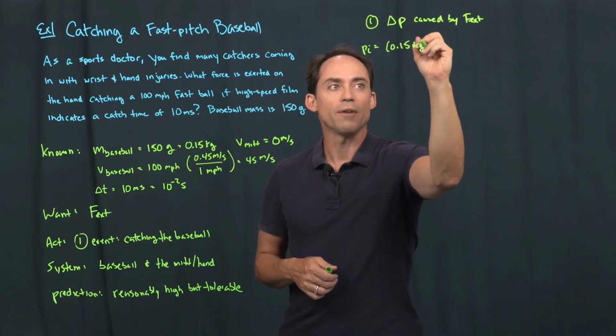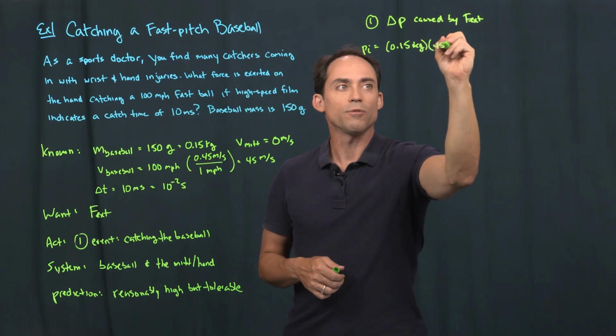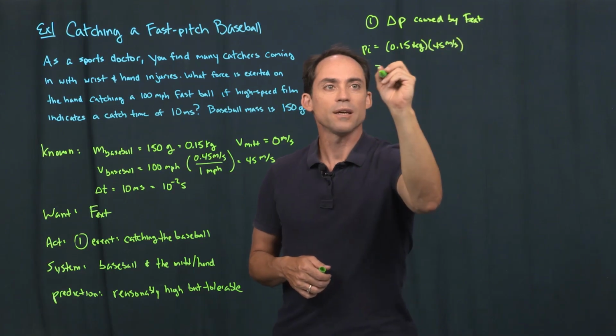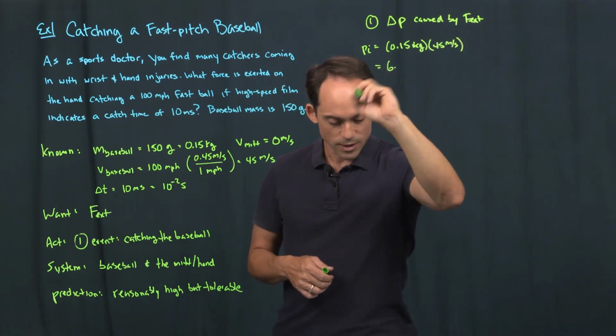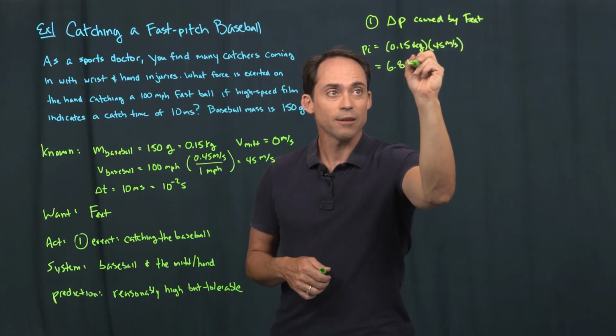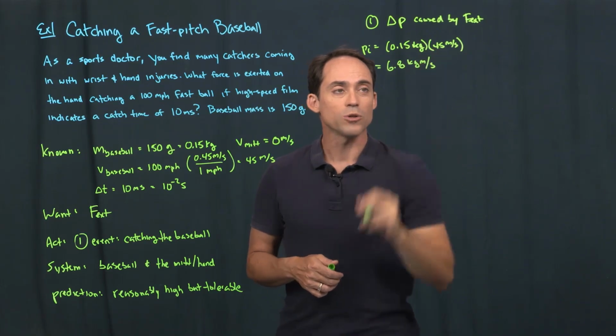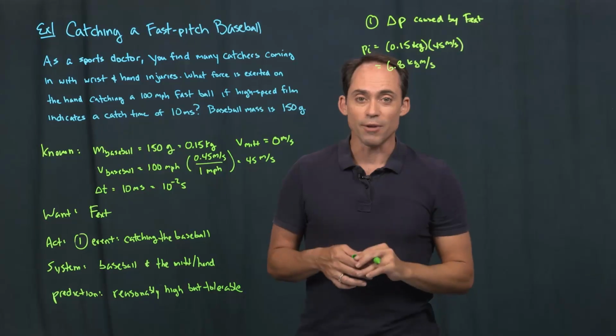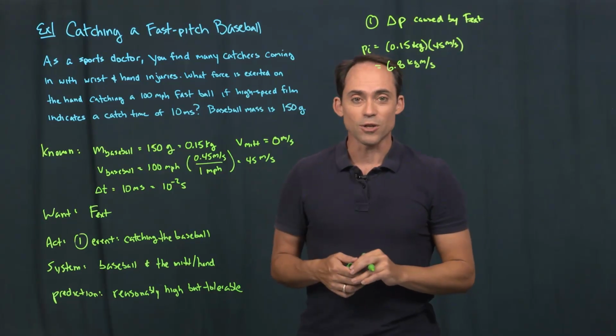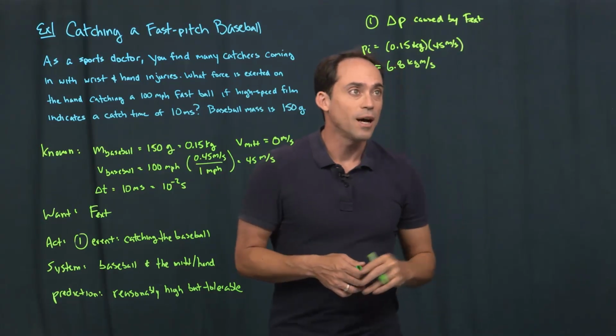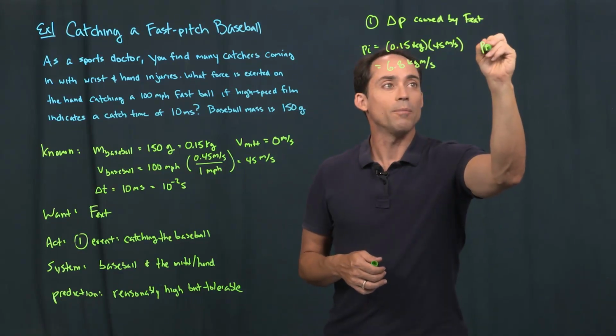So 0.15 kilograms times 45 meters per second is equal to 6.8 kilograms meters per second. And of course we don't have a momentum for the mitt if we're assuming that it starts off at 0 meters per second.